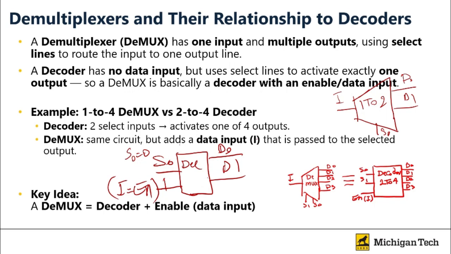In this case, the enable is 1 and S0 is 0, so this is going to connect to that. Whatever is here is going to go in this. It's exactly the same. In the demultiplexer also, if I is 1, like here, and S is 0, this is going to go to the 0. The same thing is going to happen. So that's why these two circuits are similar.